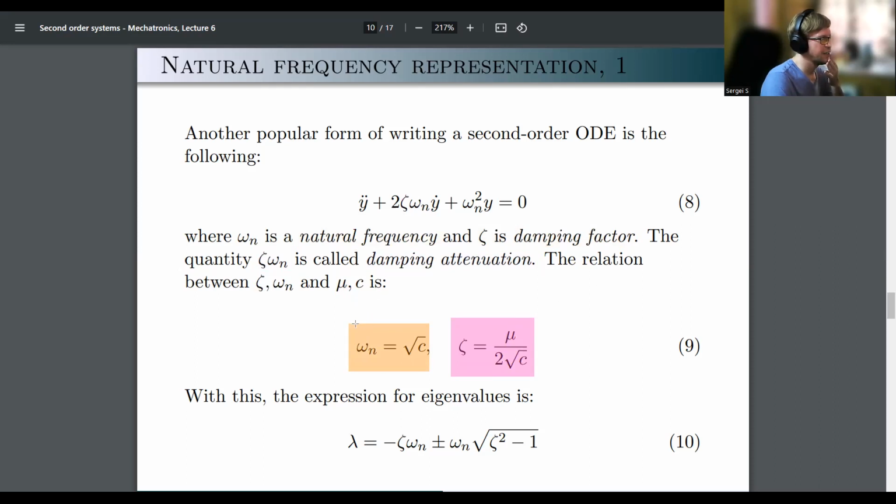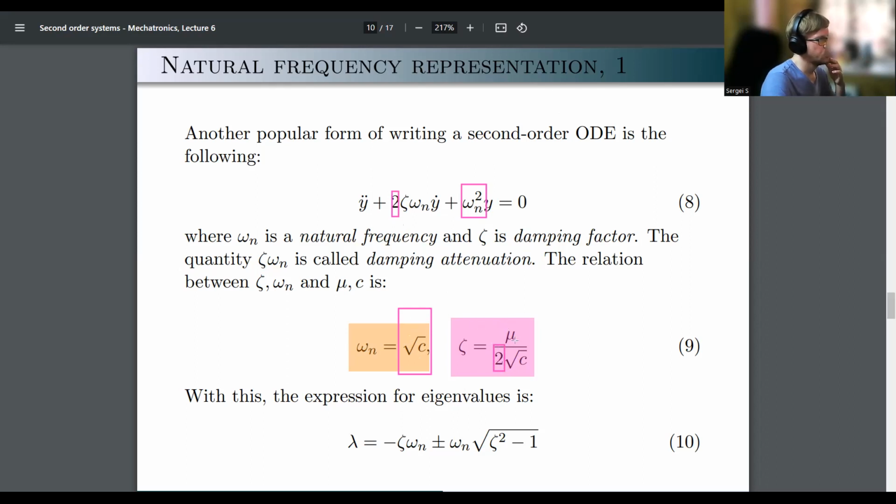So if we square this, so the square root of c we multiply with itself, we get c, which is exactly what should be in front of y, right? The old equation, remember, was y double dot plus mu y dot plus cy. So this guy squared gets us c here, correct. Okay. Now what we get here is more complicated. First we have 2, then divided by 2, so this cancels.